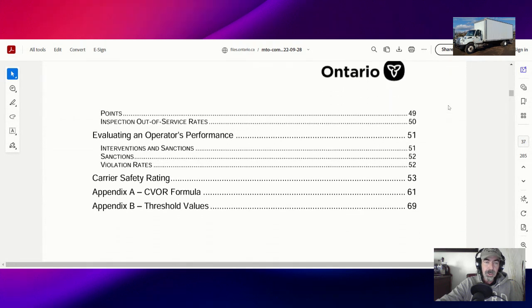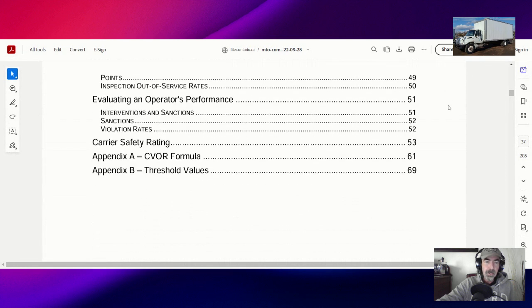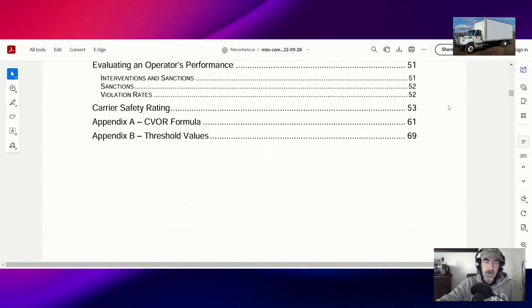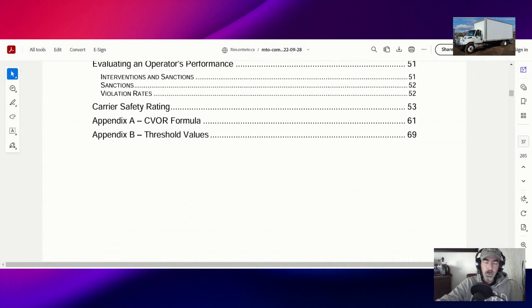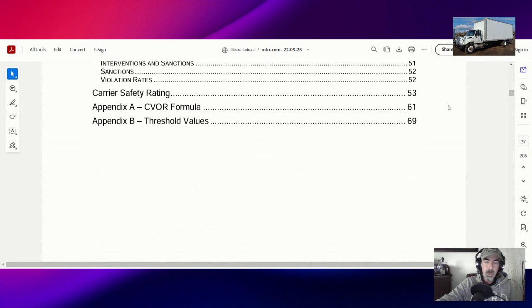Points, inspection out of service rates. Evaluating an operator's performance. Interventions and sanctions. Sanctions, violation rates. Carrier safety rating. Appendix A, CVOR formula. Appendix B, threshold values.